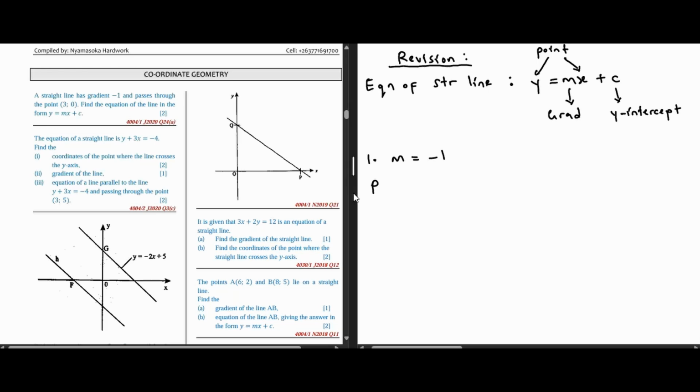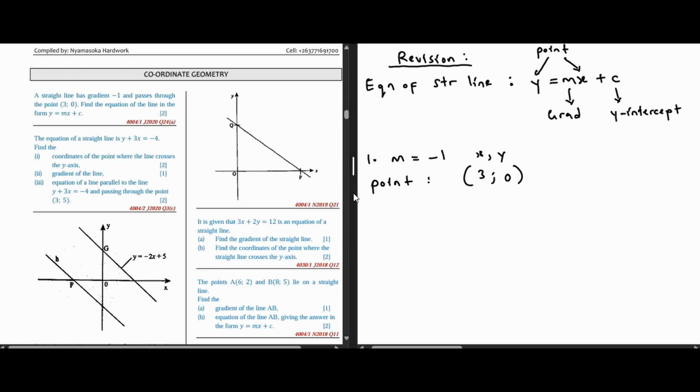So we are given a point, and the point is (3, 0). But you should also know that it is important to note that 3 represents x and 0 represents y, because our coordinate points tell us that a point written or noted on a Cartesian plane is made up of an x and also a y.